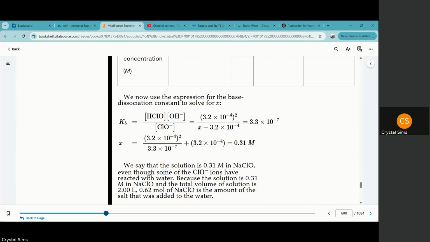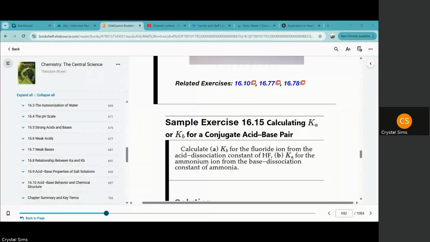Now the rest of this unit gets into the relationship between Ka and Kb. So we can look at the calculation for Ka or Kb if we have a conjugate. So in your book, this is sample exercise 16.17 on page 701. And we're asked to calculate Kb for the fluoride ion and Ka for the ammonium ion.